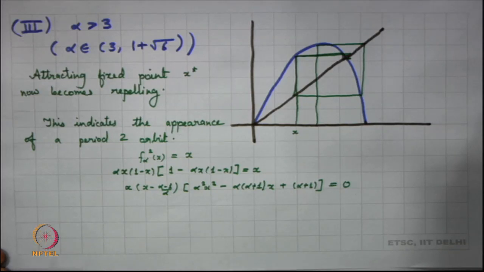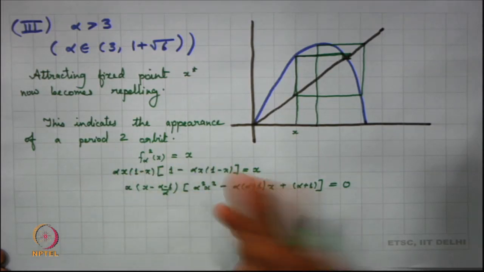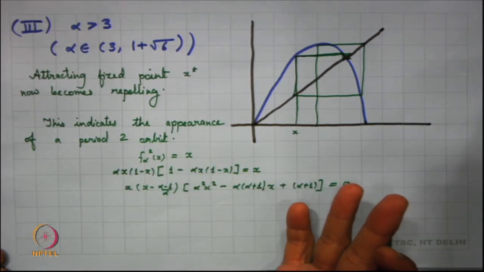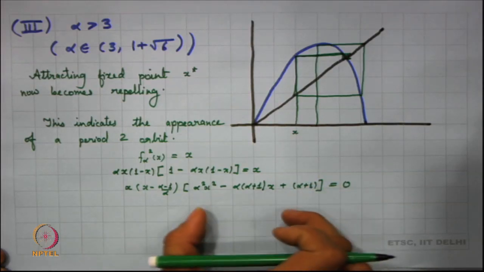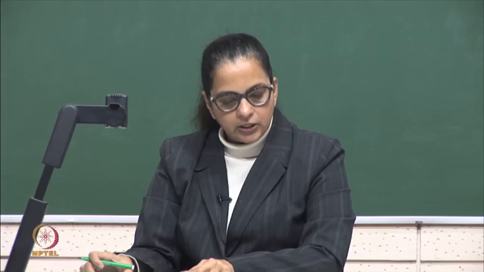Now, we already know the fixed points alpha minus 1 by alpha and x equal to 0. These are definitely going to be fixed points of f alpha square as well. So, we get another set of fixed points which come from this particular equation.